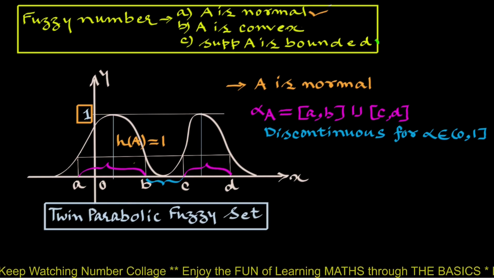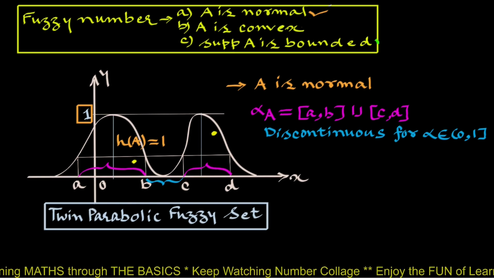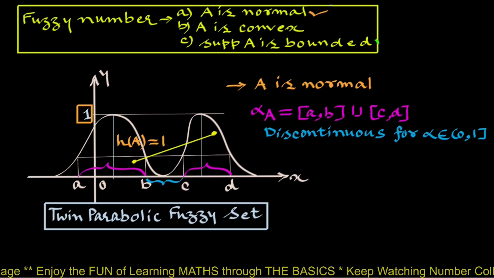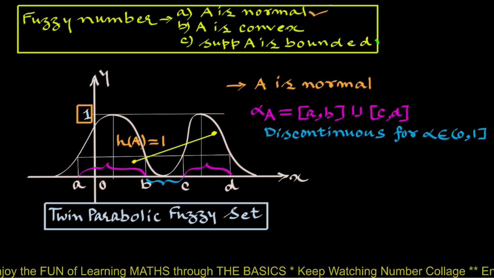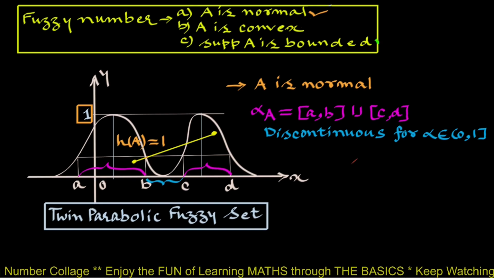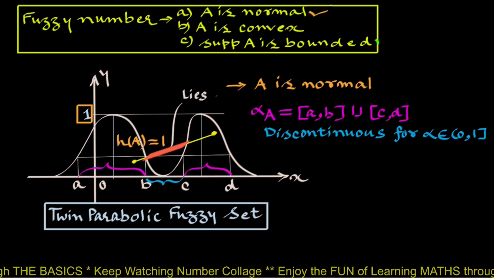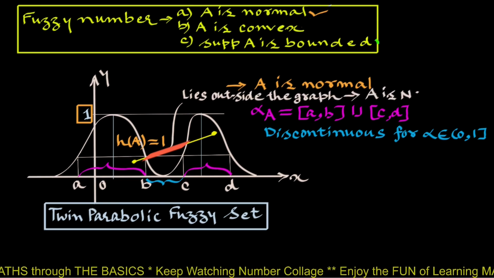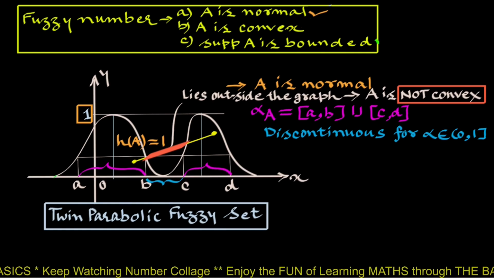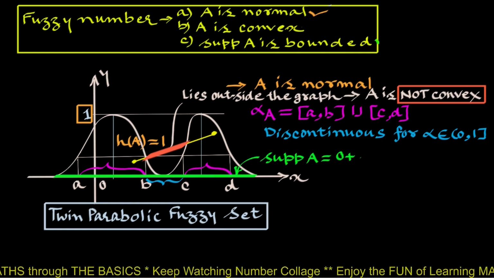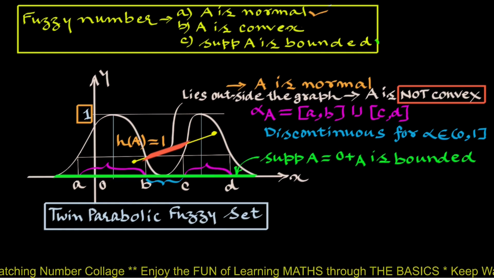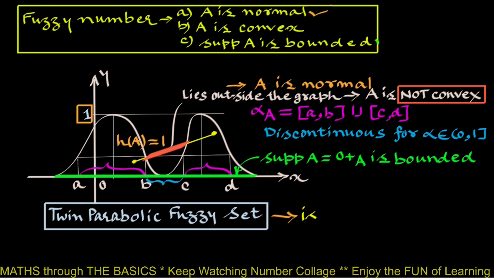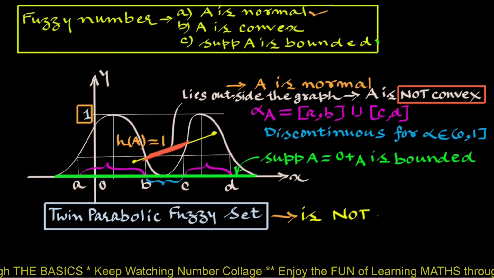And if we try to connect 2 points within these two parabolas, the whole segment does not lie entirely inside the graph, but this part of the segment lies outside the graph, implying A is not convex, even though support A, that is strong zero cut A, is bounded, which confirms that this twin parabolic fuzzy set is not a fuzzy number.